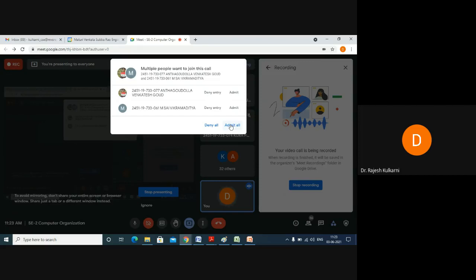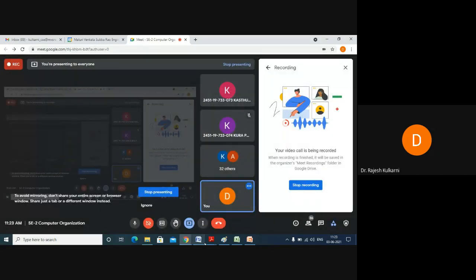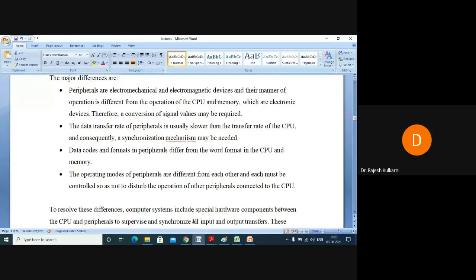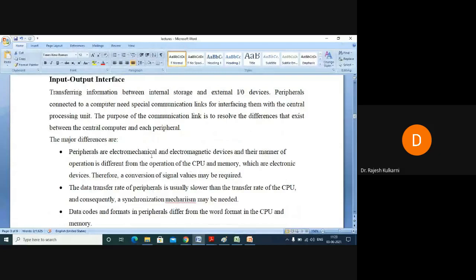Okay. So, whatever are the differences, I tried to highlight the differences between the peripherals and the CPU, saying that the data transfer rate of peripherals may be slow, CPU may be fast, synchronization may be required, codes and formats are different, operating modes may be different.